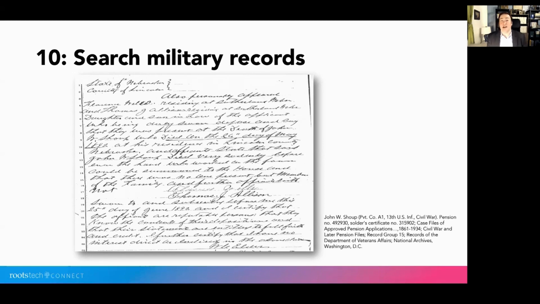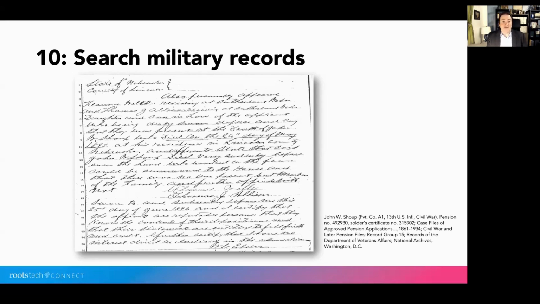Now, John W. Shoup died in 1892 in Nebraska, before Nebraska kept formal vital records. So when I wrote to the state for a death certificate, they told me he wouldn't have one because they didn't start keeping those certificates until 1904. However, when his widow applied for a pension, his widow had to provide information first about their marriage. So there's a copy of a marriage record in the pension file. And second, because she couldn't get a copy of a death certificate, she had to provide affidavits around his death.